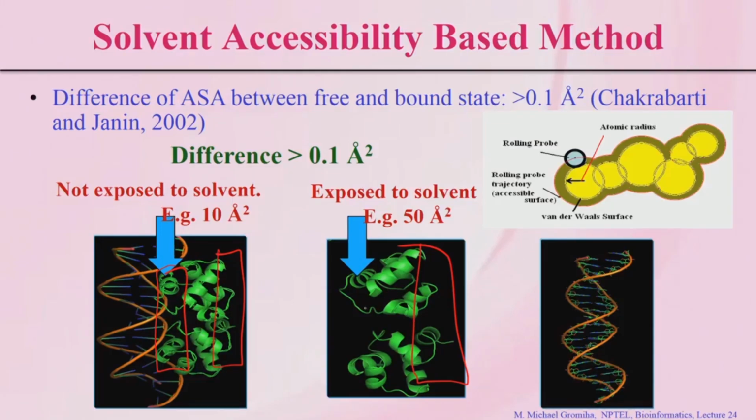Unbound, because in this case it is accessible to solvent. So, this has a higher accessible surface area than in the complex state, because here it is hindered by the DNA; this region is covered by the DNA, hence the area will be less. So, if you compare the solvent accessibilities of the complex and the unbound state, and there is a difference in accessibility, then what can we say?